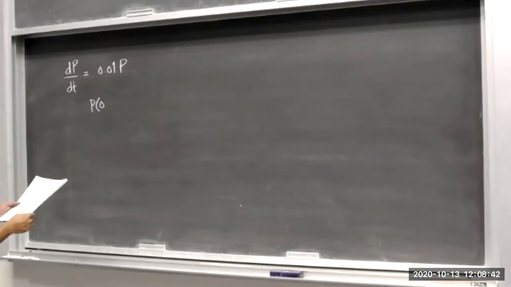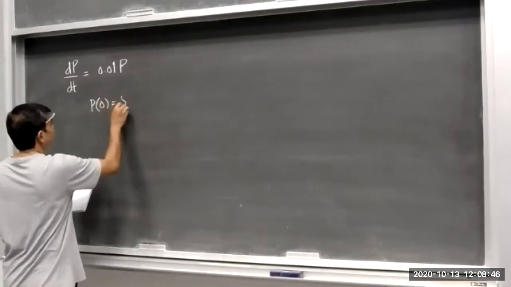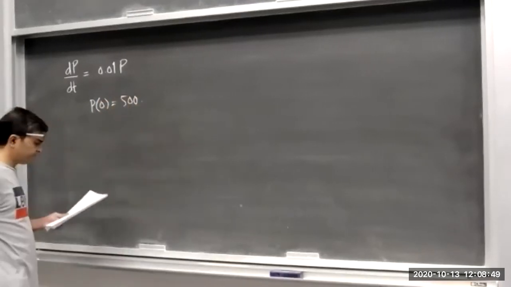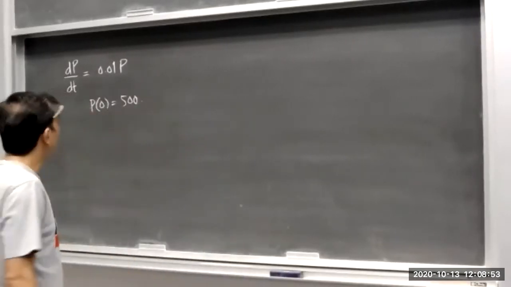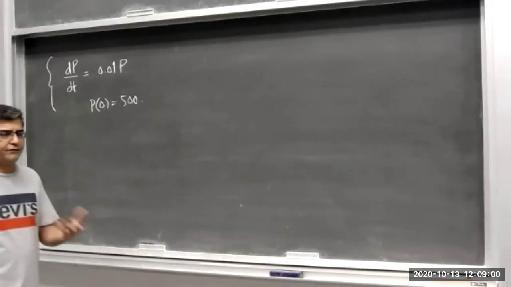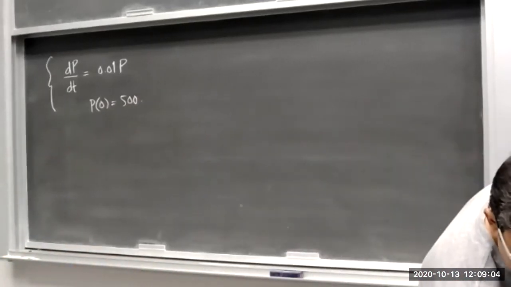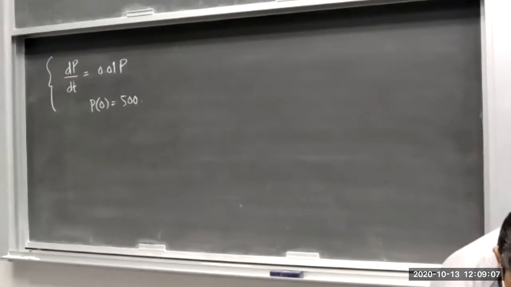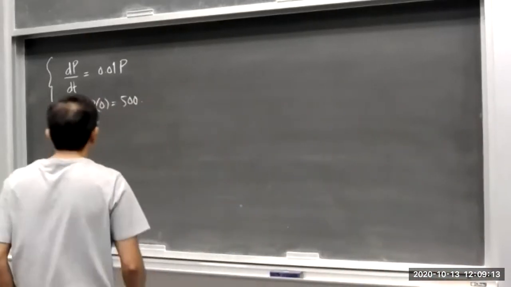It is given that the initial population is 500. So P at 0 is 500. So this is the mathematical model corresponding to the given example. The population of certain bacteria grows at a rate of 10% per hour, and we have to compute the population after 1 day, means 24 hours.